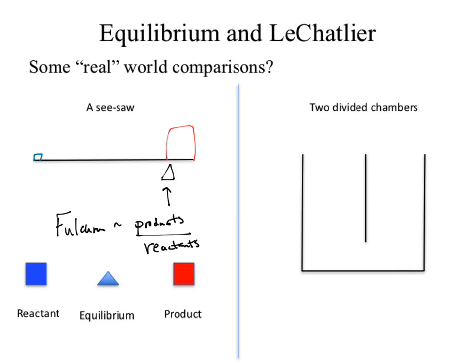Okay? If we flip it, what happens if I slide the fulcrum all the way over to the reactant side? What's going to change with my image now? It'd be unbalanced. So now I want to say my fulcrum's over here. To have the fulcrum over there, what has to be true? I need more reactants than I have products.